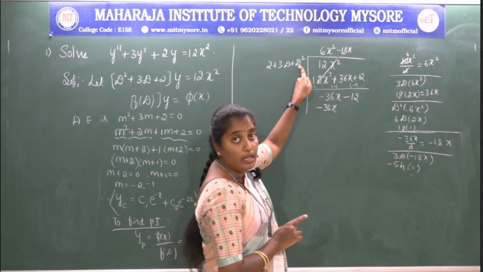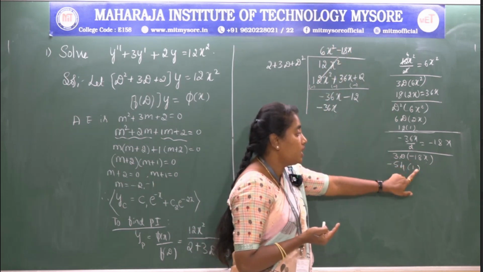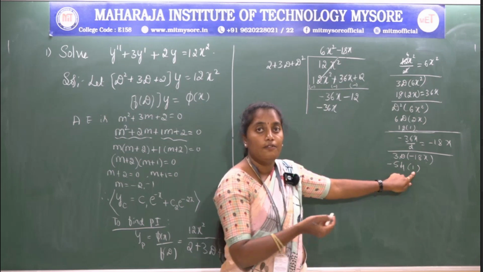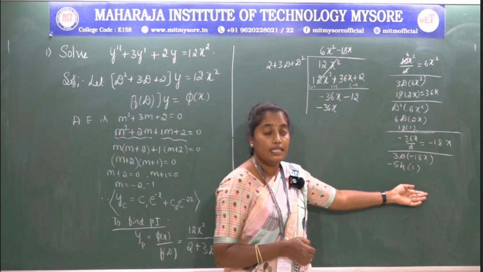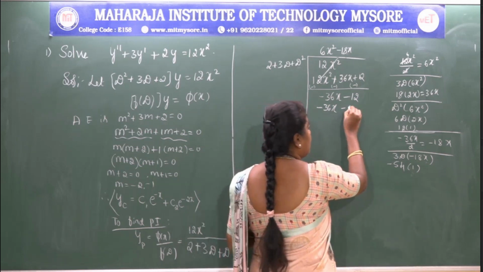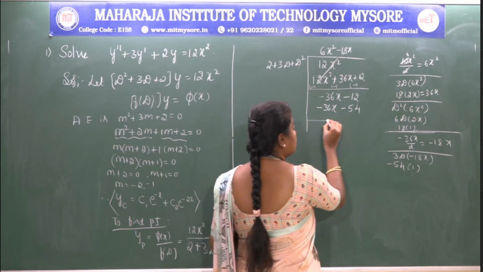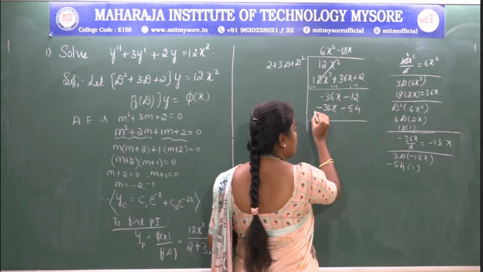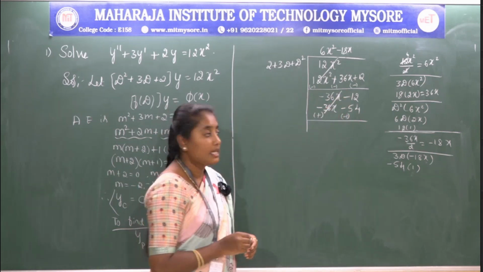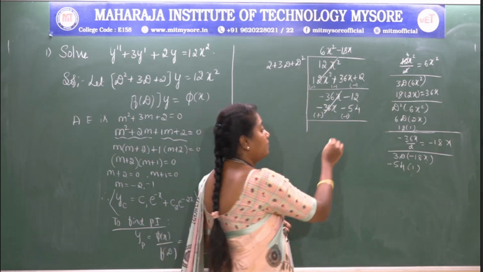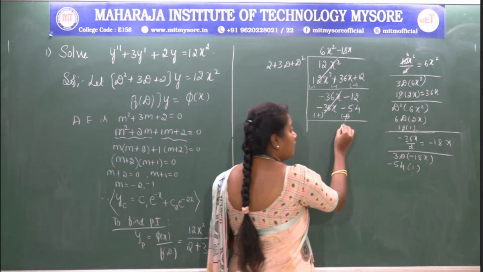Here we have D square: if we differentiate this element twice, we get 0, because on differentiating 1 we get a constant, and differentiating one more time, since it is a constant, we get 0. So here we get minus 54, and the last term is 0. Minus 36x plus 36x get cancelled. Next term, 54 minus 12, which is 42.